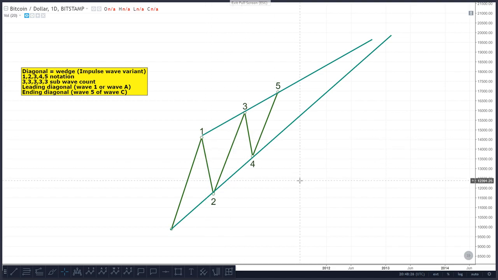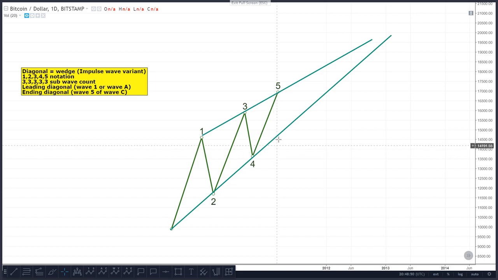As I mentioned in my first video on Elliott Wave, one of the key rules of an impulse wave is that wave 4 does not overlap with wave 1. However, I made that extra comment, which is part of the rule, that the exception is in a diagonal, where wave 4 can overlap with wave 1.